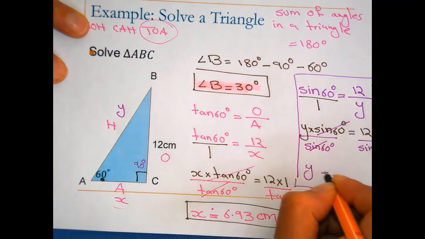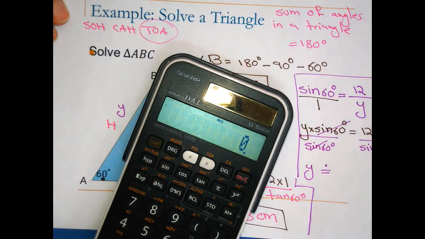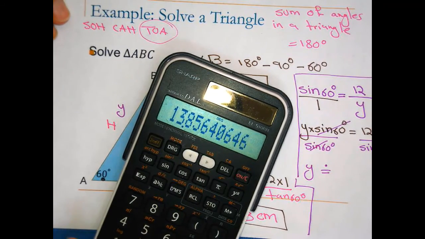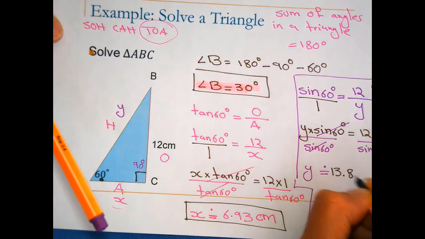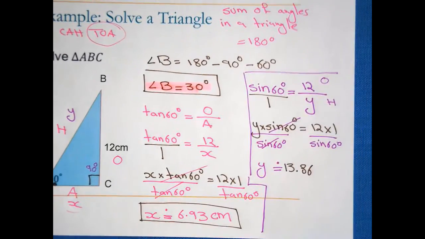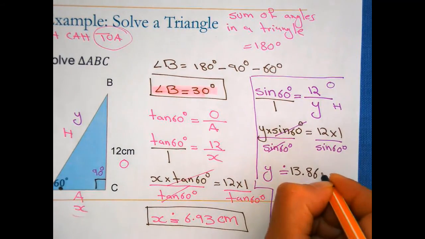So y is equal to 12 times 1 divided by sine 60, which is 13.86 when we round. 13.86 centimeters.